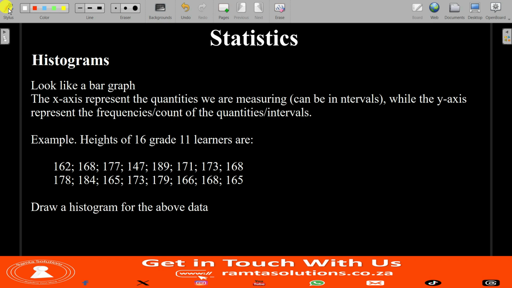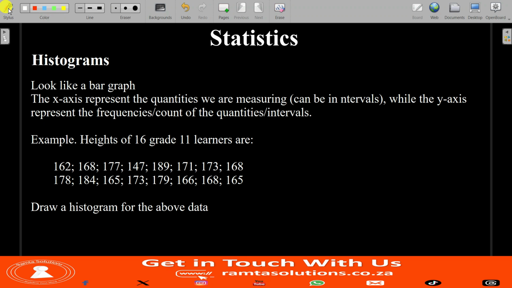The x-axis of your histogram will represent the quantities that we are measuring, or they can be in intervals. And the y-axis of your histogram will represent the frequencies or count of those quantities. Remember, if you don't want to say quantities, you can also look at intervals.